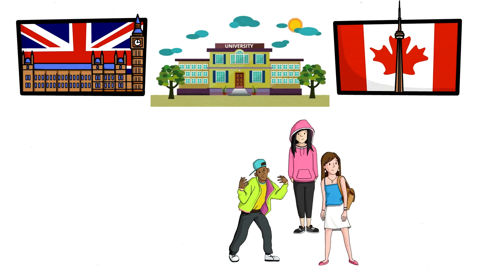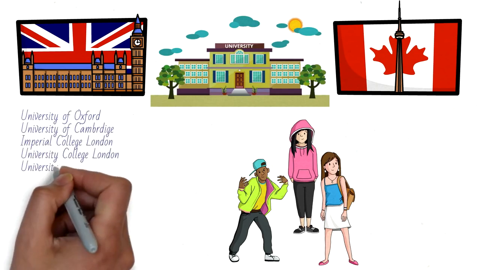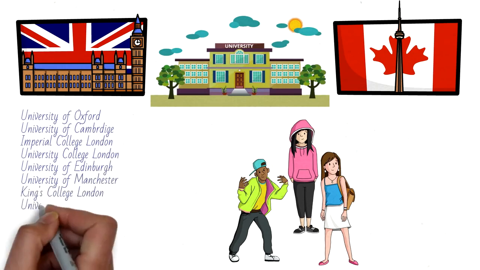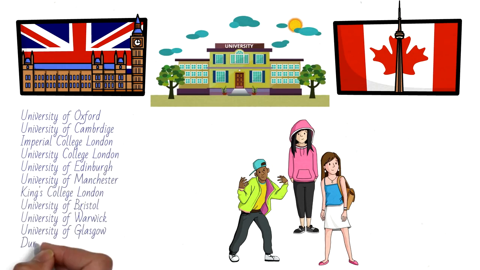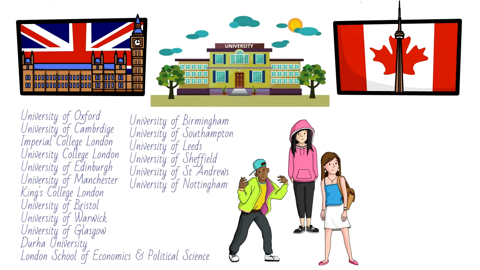But comparing the number of colleges or universities in the top 100, we find that UK has 18 institutions in that list, namely University of Oxford, University of Cambridge, Imperial College London, University College London, University of Edinburgh, and all of those which are listed out here.